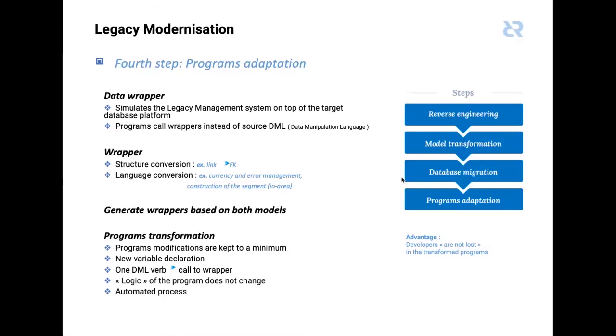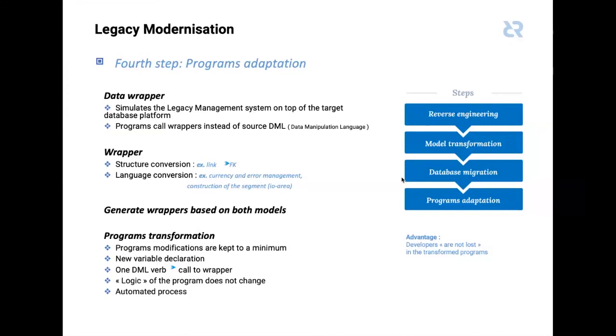The technology, as I said, will generate the wrappers or robots based on both models, the new model and the old model, and then the program transformation will take place. The program modifications in our methodology are kept to a minimum, which is really important because the logic of the program does not change.